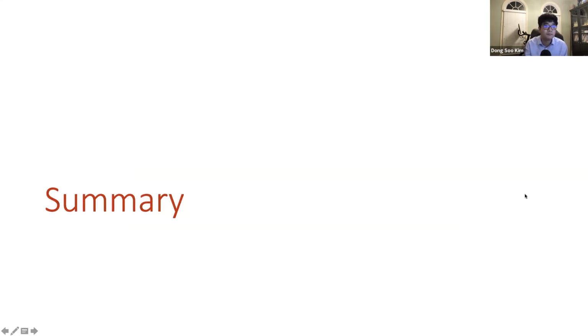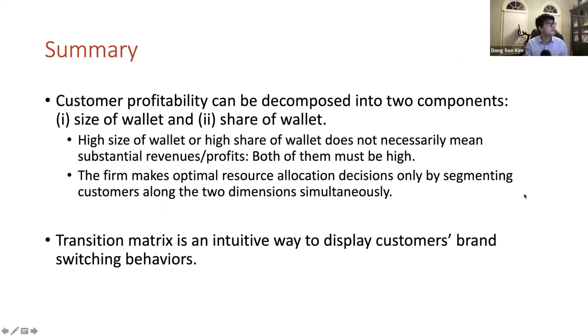In sum, customer profitability can be decomposed into two components. First, size of wallet, and second, share of wallet. High size of wallet or high share of wallet does not necessarily mean substantial revenues and profits.